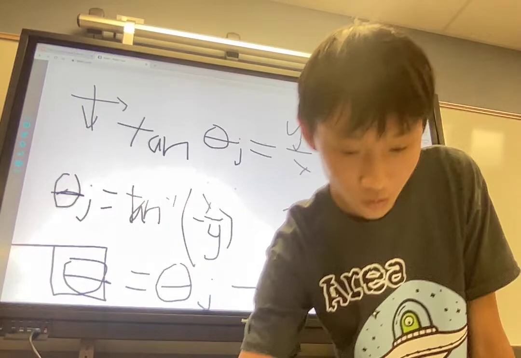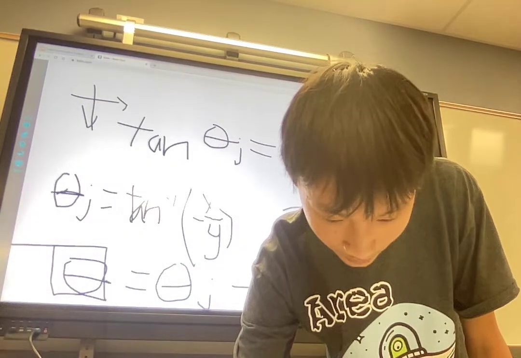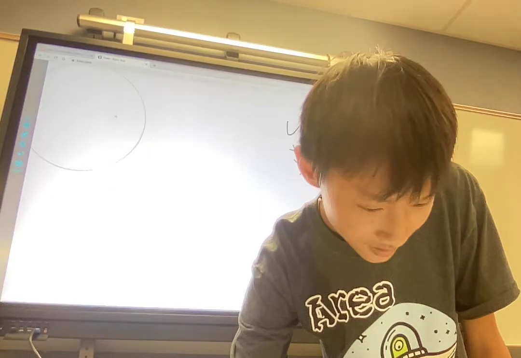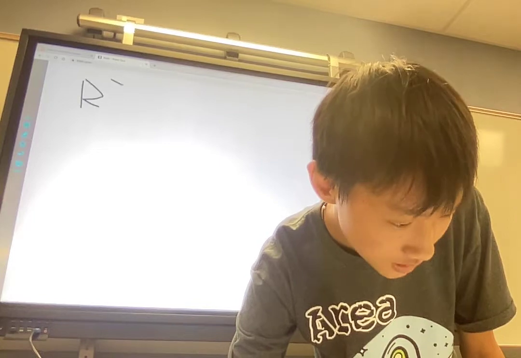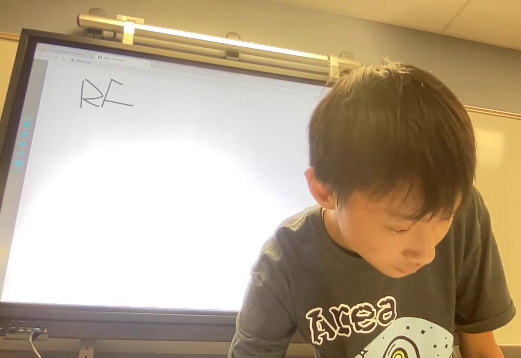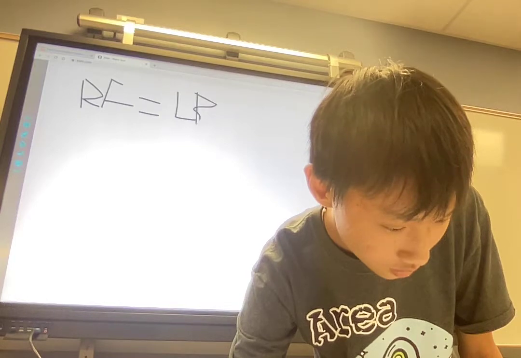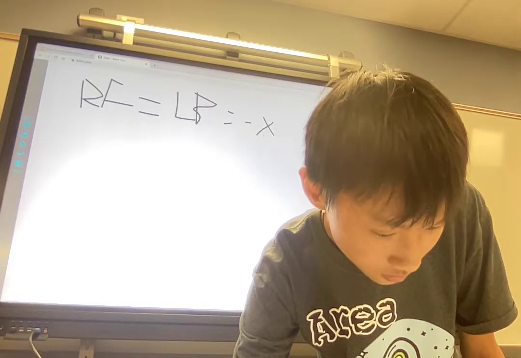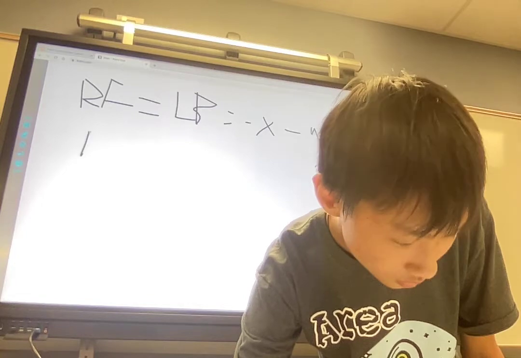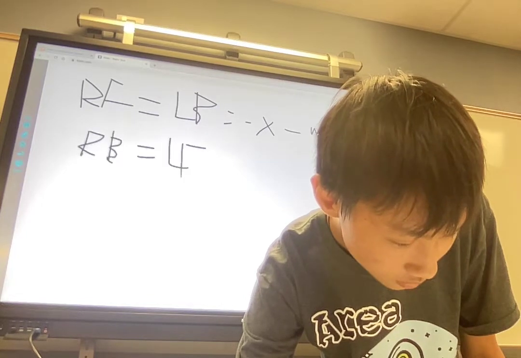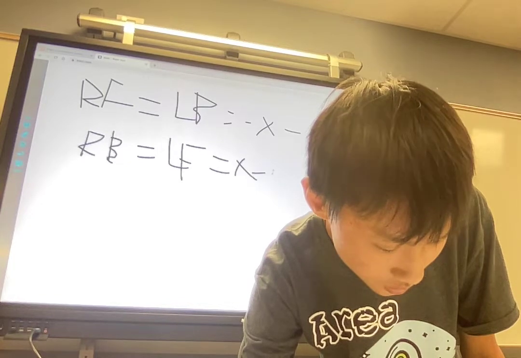So if we take this equation right here, this is actually the equation for robot-centric drive. Then RB equals LF equals x minus y.